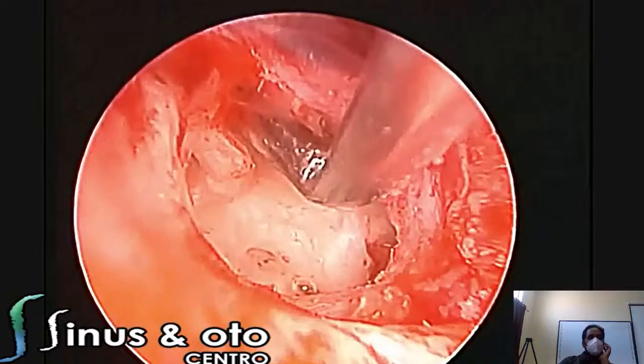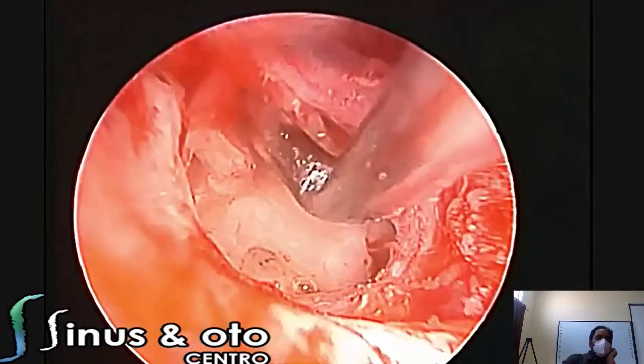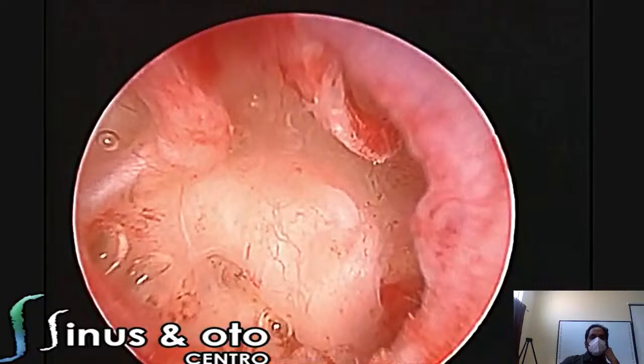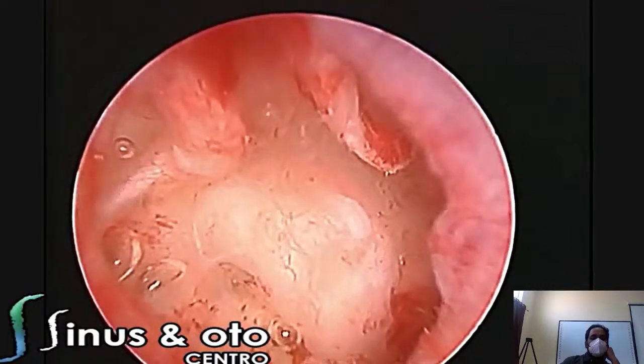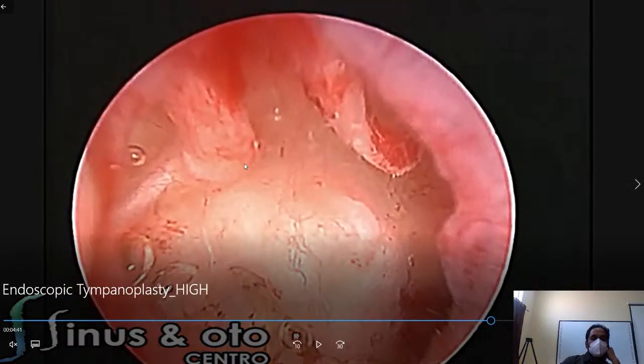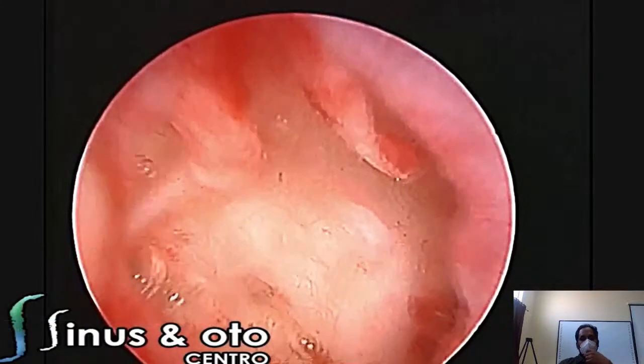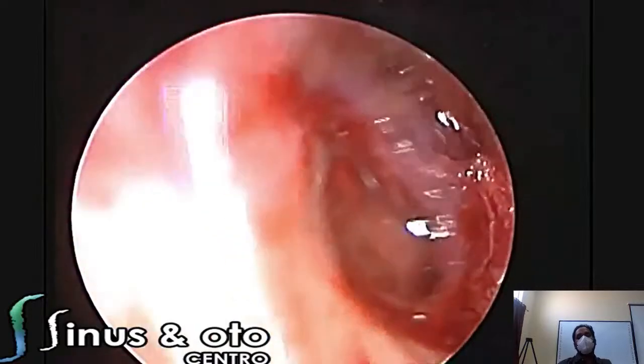And then you can wash the middle ear cavity with normal saline, so that if there are any cotton fibers or any disease or any fluid, that will be suctioned out and the middle ear cavity is maintained disease free before placing a graft.